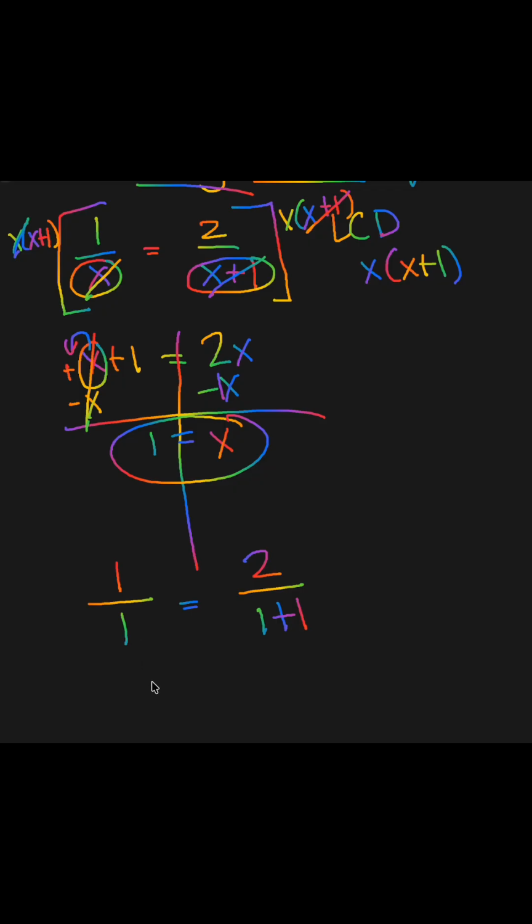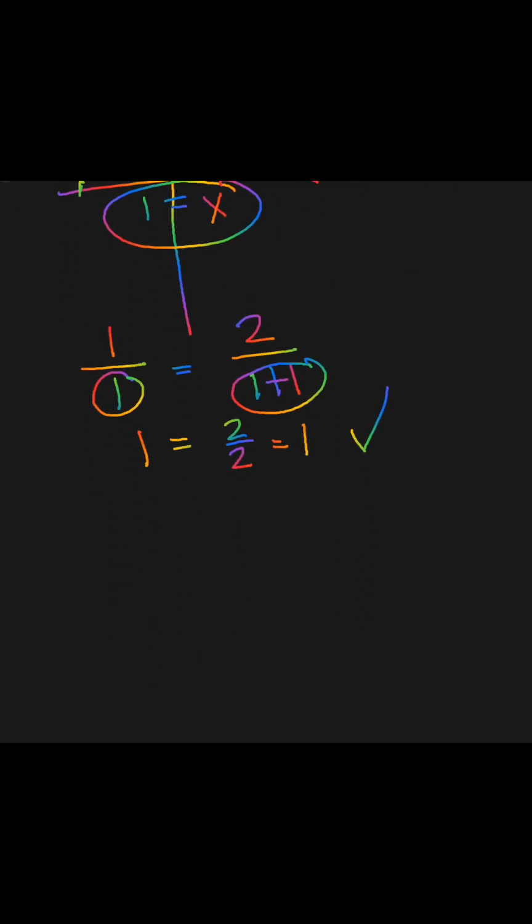So 1 over 1 is 1, and 2 over 2 is 1 as well, so everything equals out. Our denominators, when we substitute in 1 for x, don't equal 0, so there are no restrictions.